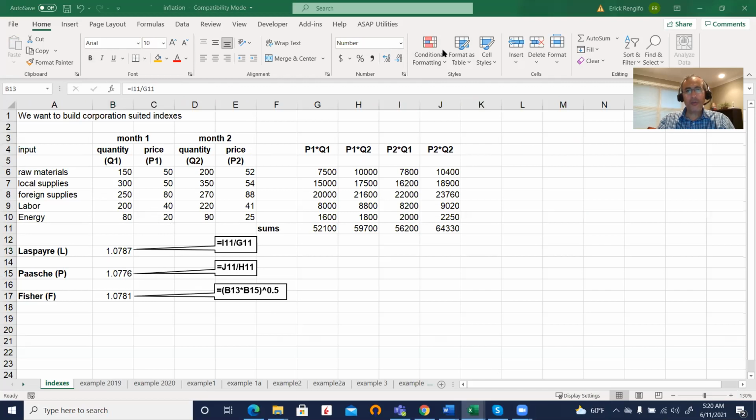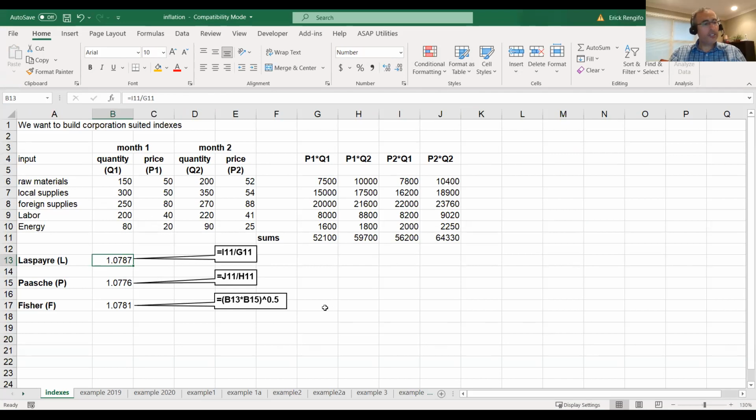This table, guys, shows you how to easily compute inflation for a specific corporation. You can have this information privately available as a corporation. You can have month 2, month 3. You have this data from accounting. So imagine that this is what you consume in month 1: 150, 300 of raw materials, local supplies, foreign supplies. Of course, you can go more granular, as you can imagine, energy.